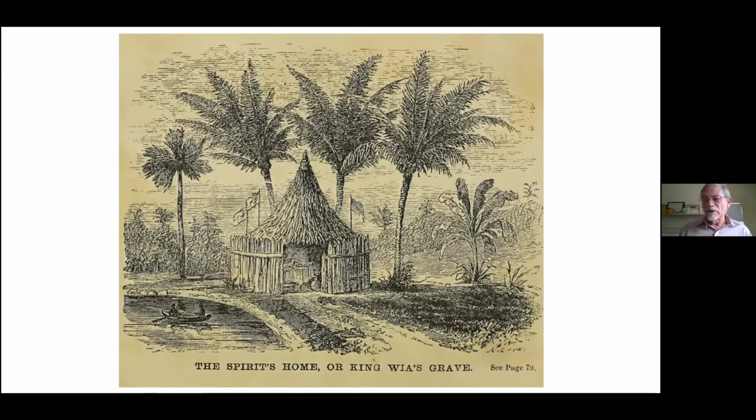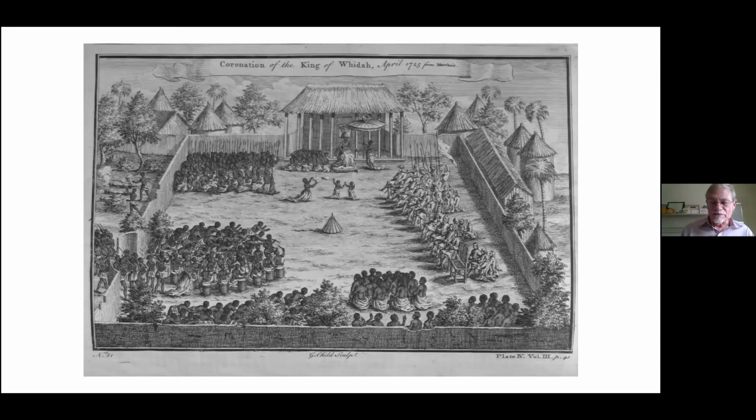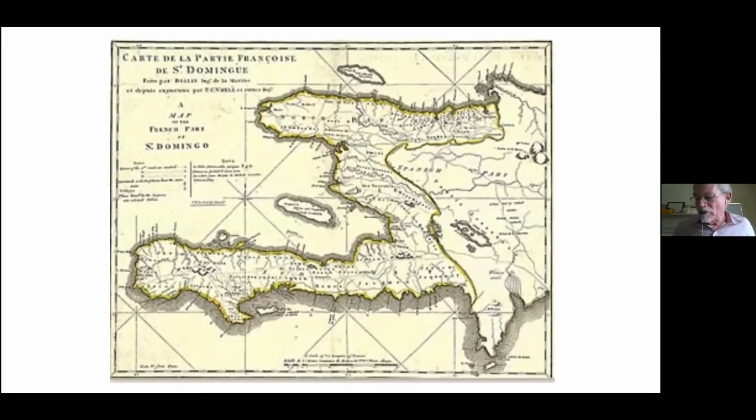Now, I'm going to turn to, this is our snake deity from Ouida, and here we're at Saint-Domingue. So in Saint-Domingue, we know that, for example, very soon after the French takeover of the western part of Hispaniola, the Jesuits came in and began their religion.